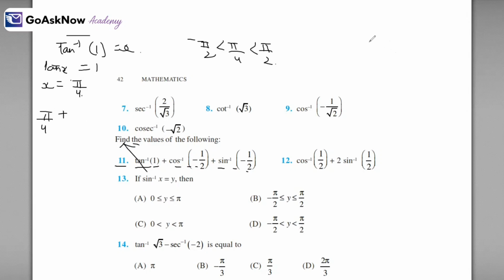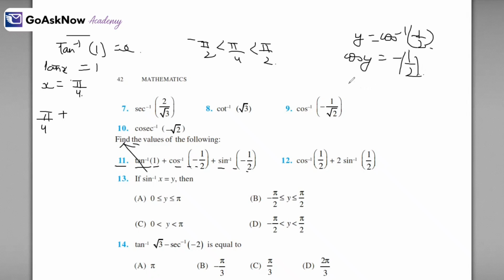What is the value of cos inverse minus 1 by 2? Assume it is y. So y is equal to cos inverse minus 1 by 2. From here you get cos y is equal to minus 1 by 2. Now when is the value of cos y equal to minus 1 by 2? Let us see that in the second quadrant.